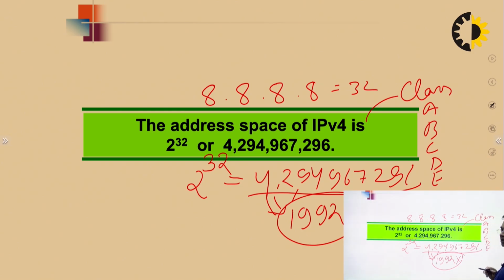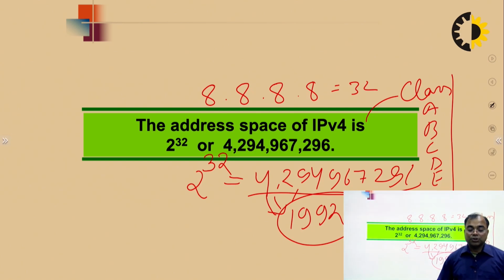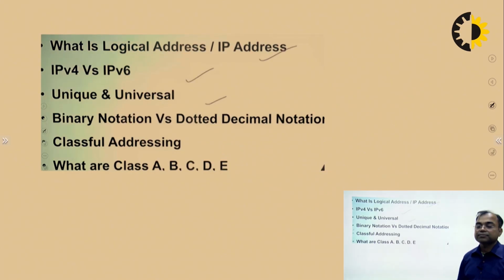After 1992, we come to the classless IP address. So this is the main concern we have in a class. First we discuss the class of IP address, then we come to the classless IP address.